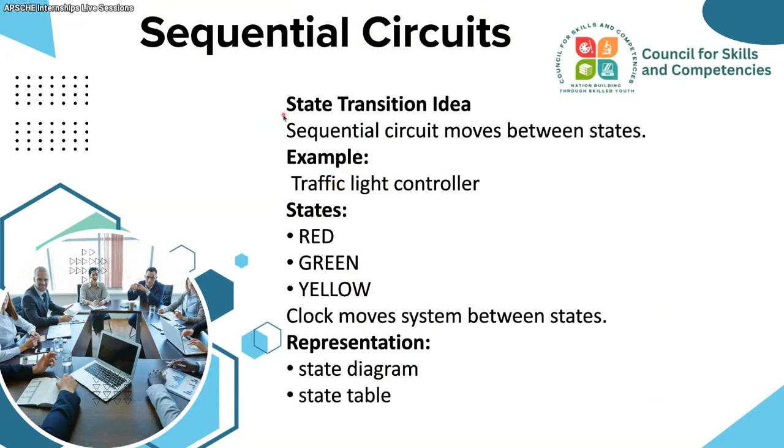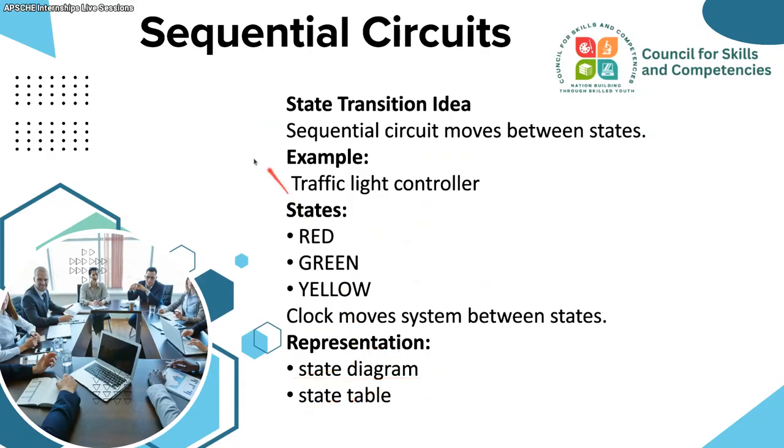Okay, so what is this state transition idea? A sequential circuit moves between the states. So in a traffic light controller, red is one state, green is another state, yellow is another state. So the clock moves the system between the states. We can represent this through a state diagram or state table.